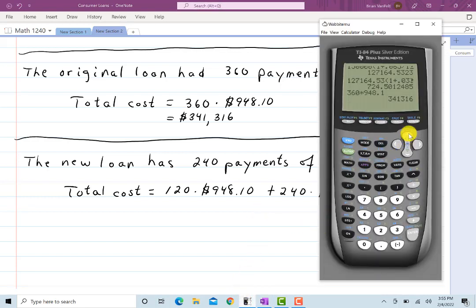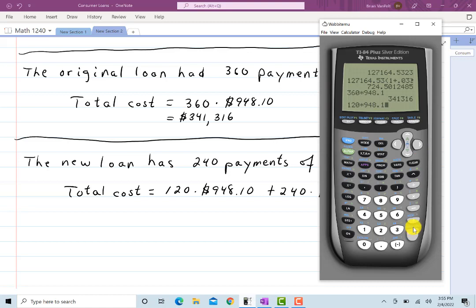So let me grab this again from up here. I'm going to change that 360 to a 120. And then I am going to put in the rest of it.